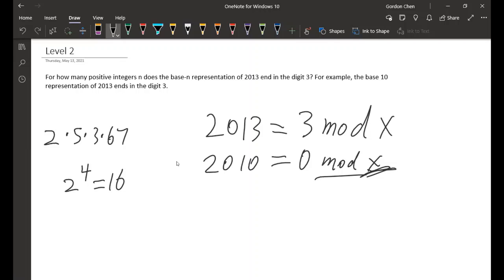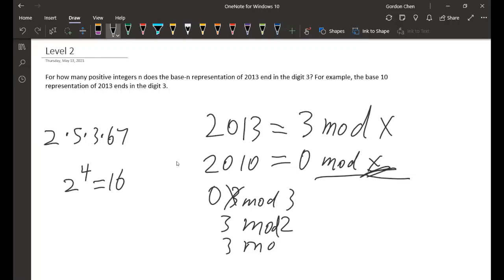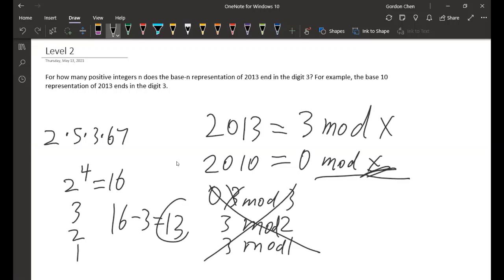The last digit is 3, and this is mod x, so it can never be 3 mod 3, because that would just be 0. And 3 mod 2 and 3 mod 1 would not work as well. So 3, 2, 1 wouldn't work. So 16 minus 3 equals 13.